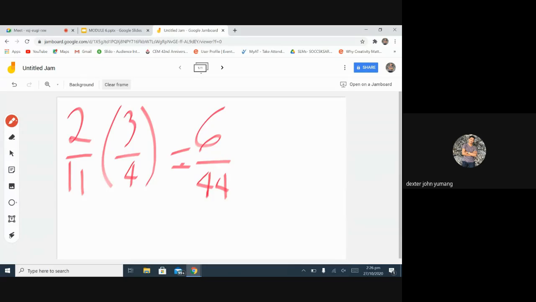Okay, meron tayong tinatawag na lowest term. So, ibig sabihin po ng lowest term is like this. Ito siyang 6 over 44. Pwede mo po siyang i-lowest term.